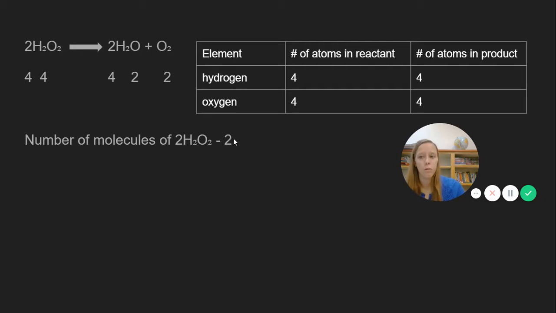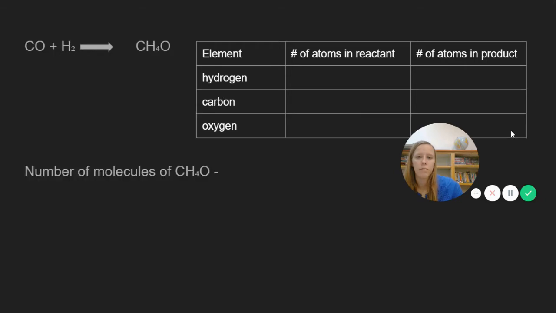We have 2. Why? Well, we have a 2 in front of our 2H2O2. Find out that there's 2 molecules, because we had to put 2 of the water with the oxygen to make the 2.